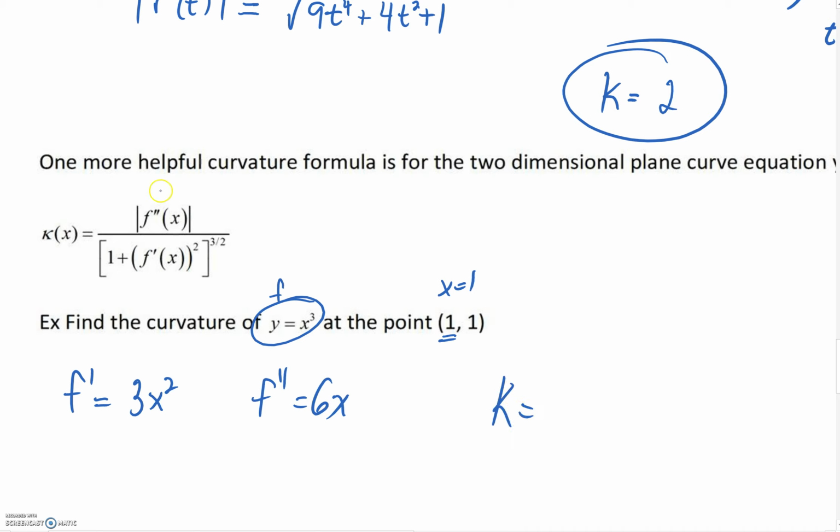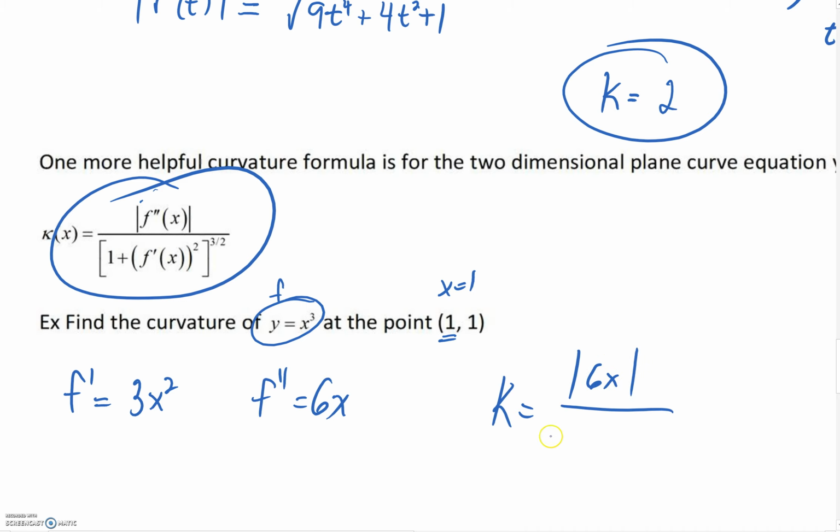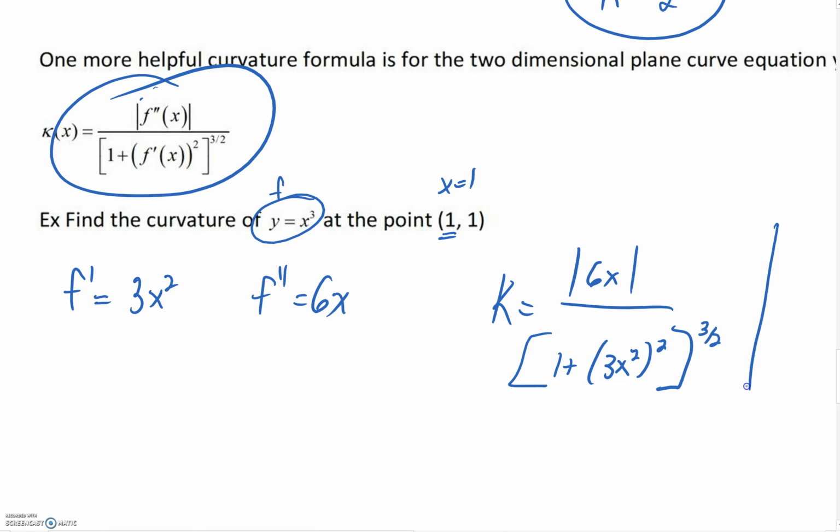So kappa, following this formula right up here, is going to be the absolute value of 6x. Down below we'll have 1 plus, well, that'll be 3x squared, that's f prime of x, but we'll have to square that and then raise it to the 3/2 power. But of course we're going to be plugging in a 1, 1.